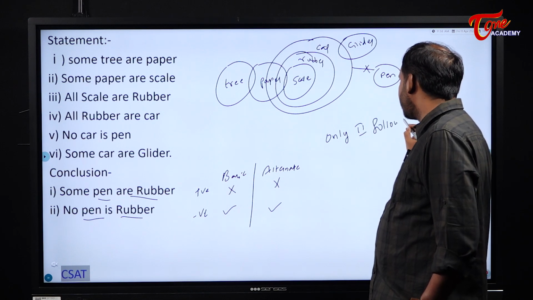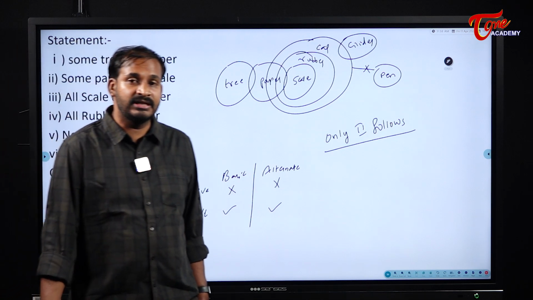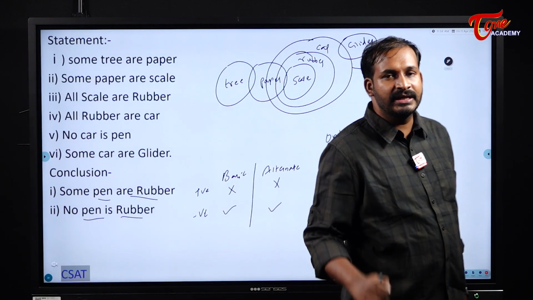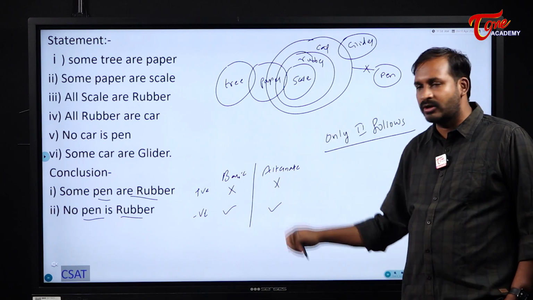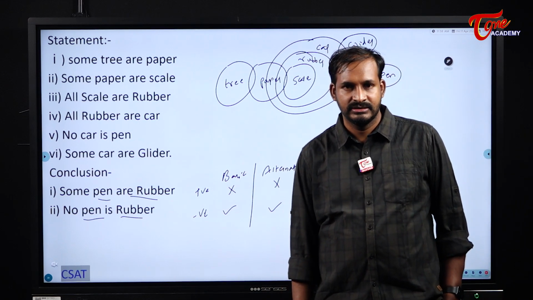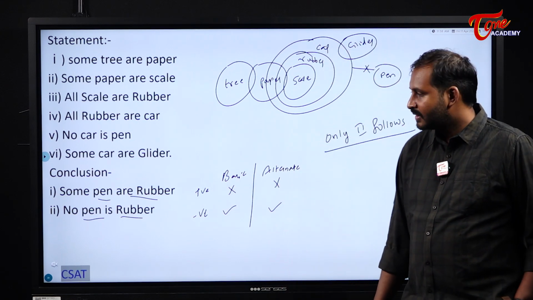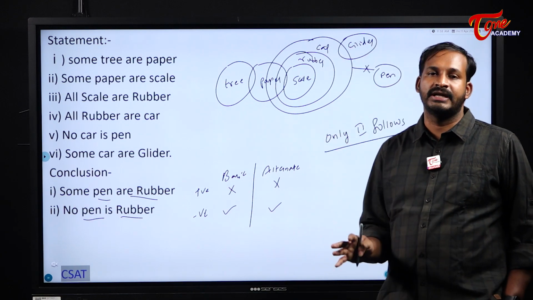See, if you have one positive and one negative conclusion set, we may get either or, but it doesn't mean that we will always get either or. In some videos or other lectures, they say that whenever you see a positive and a negative conclusion, always take it as either or. That is wrong, students. That is completely wrong. There is a chance to get either or, but no rule that we always will.